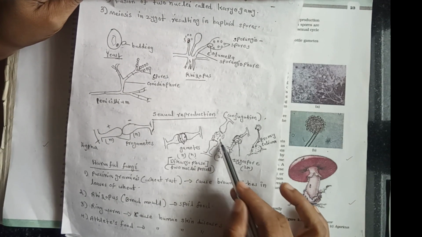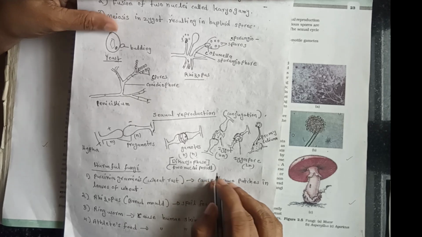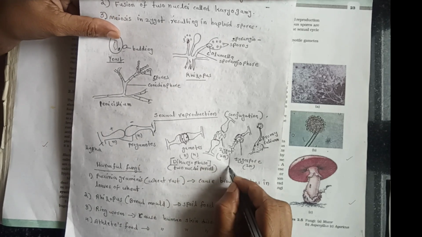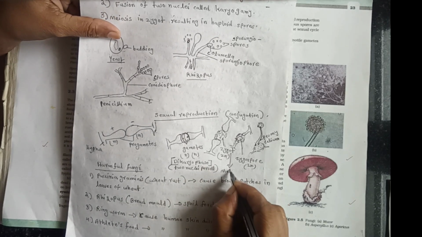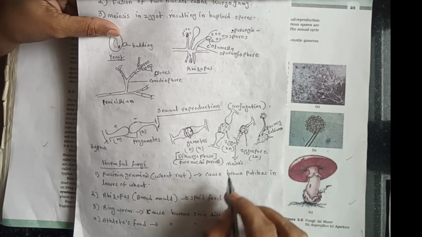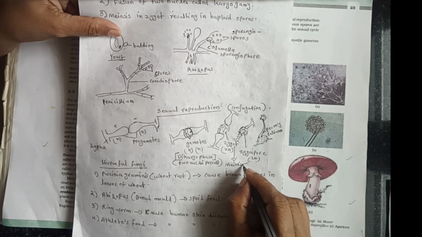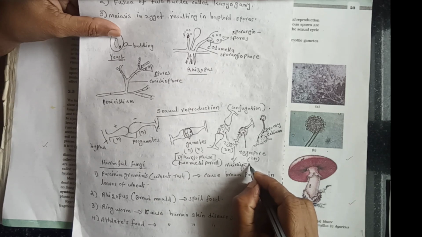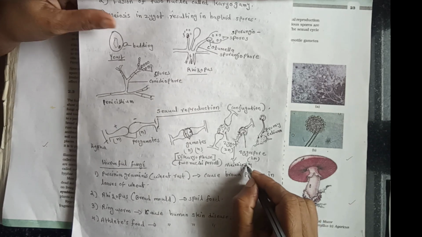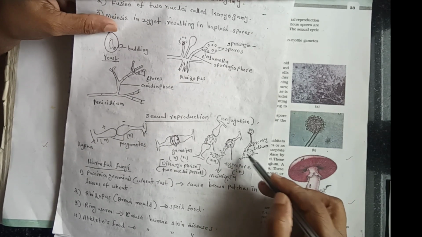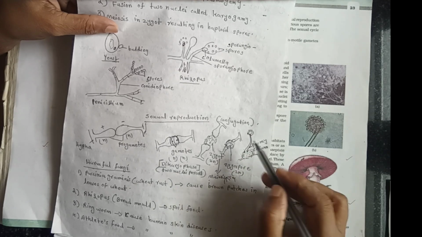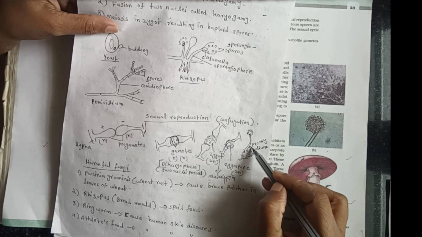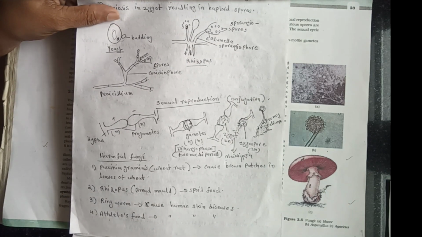From the zygote, meiosis or reduction division takes place and forms 4 haploid cells. From these haploid parts, haploid promycelium are formed.